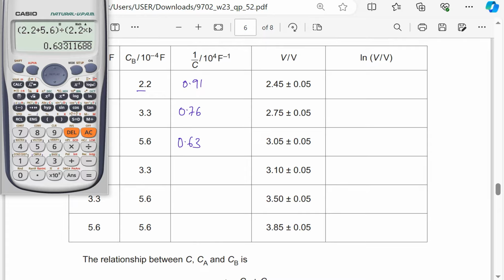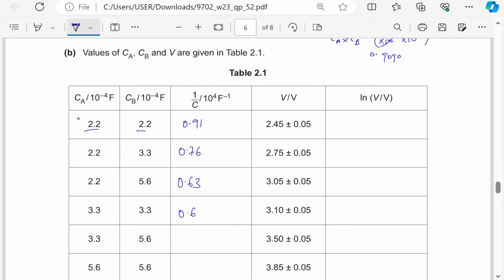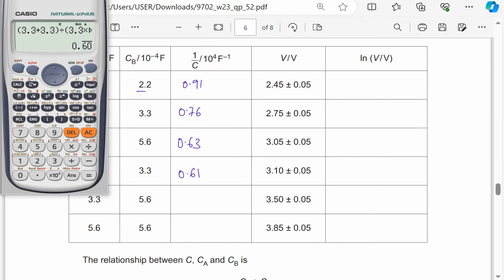The next one is 3.3 plus 3.3 divided by 3.3 times 3.3, which gives us 0.606060, the 60 recurring. So it becomes 0.61.